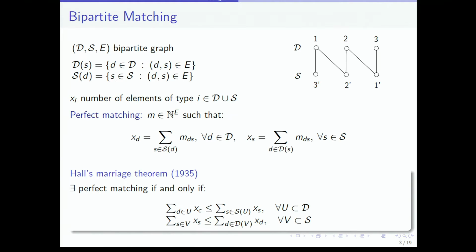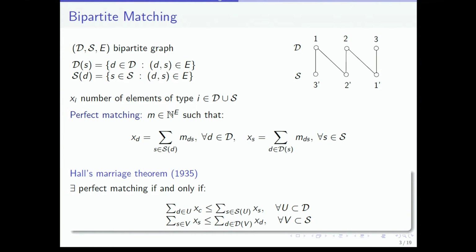Okay, so just to fix the notation, if we look at the static setting of bipartite matching, then we have a bipartite graph. On one side you have demand classes and demand nodes, and on the other side you have supply, and there is some compatibility graph, matching graph, that denotes all the possible pairs we can make.